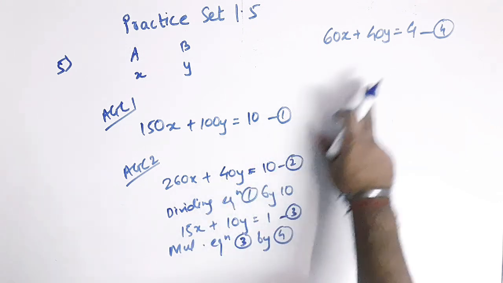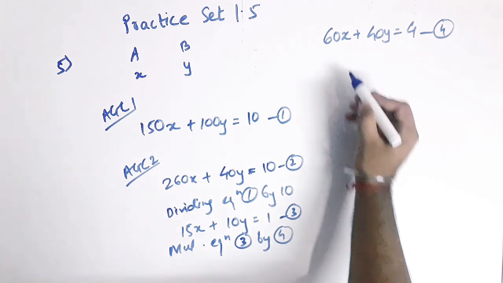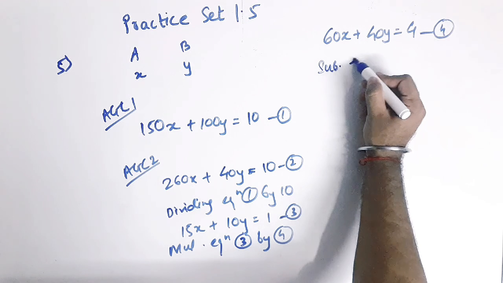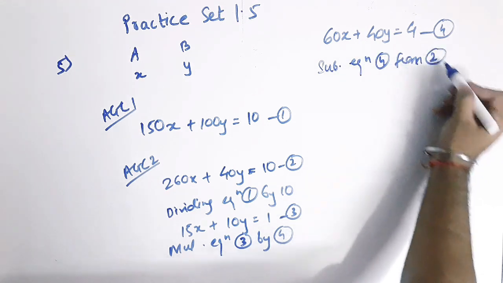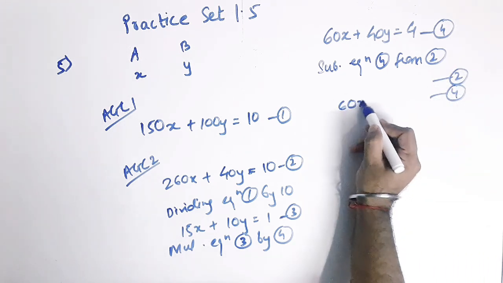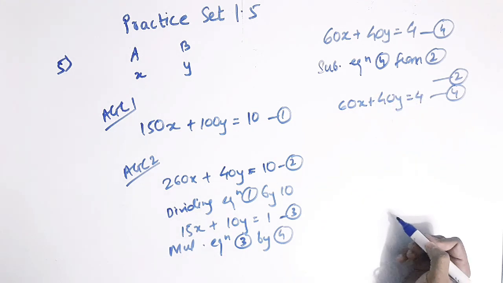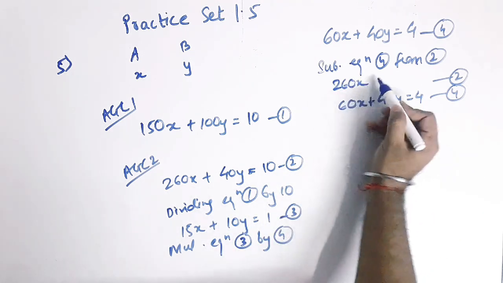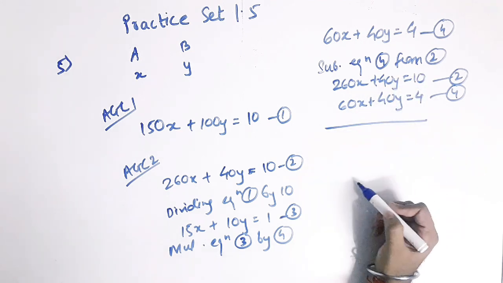Now you can see equation 2 and equation 4. We can easily cancel y. So what will we do? Subtracting equation 4 from 2. From 2 means 2 will be above, 4 will be below. This is the fourth equation, 60x plus 40y equals 4. And the second equation is 260x plus 40y equals 10.